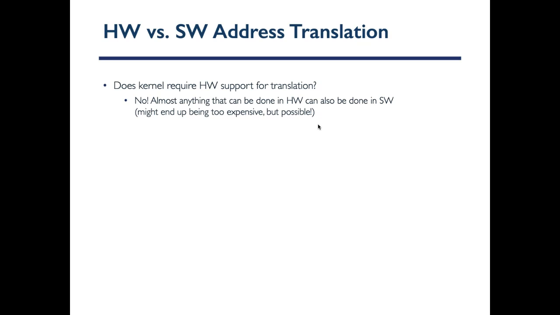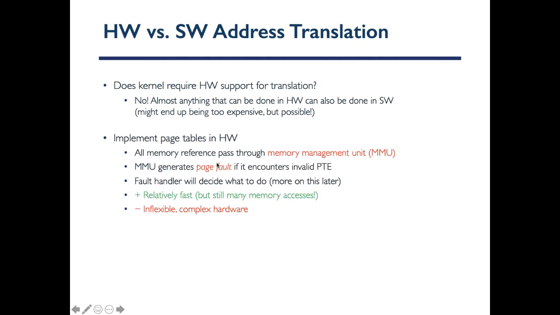Let's see how. I've talked about the concept of page tables. In most of the systems that you use, it's implemented inside the hardware. All you need is a unit in your hardware called the Memory Management Unit, MMU. This MMU takes care of all the address translations.